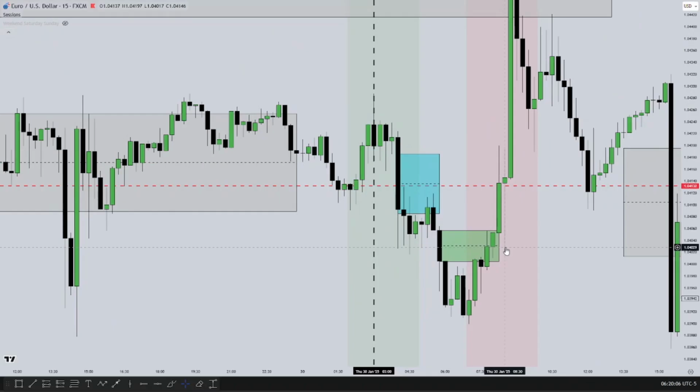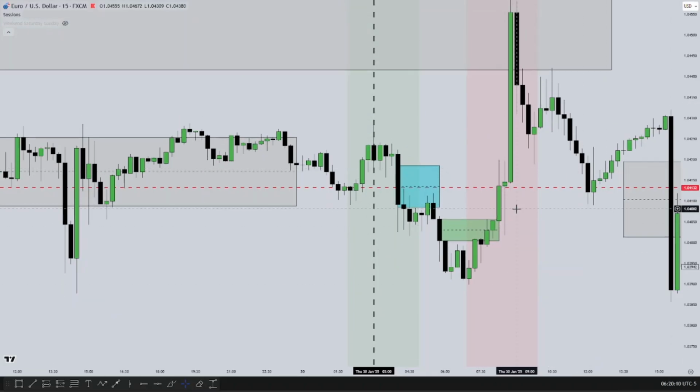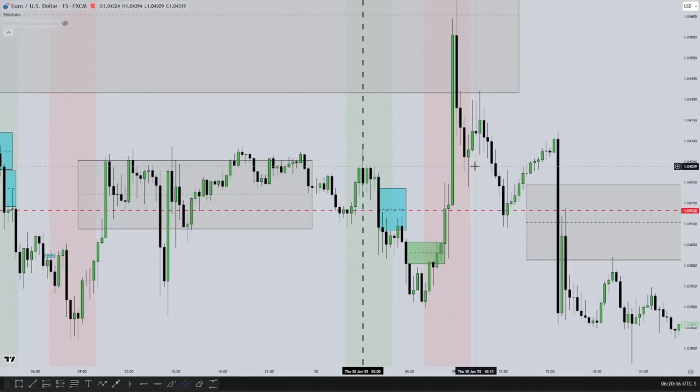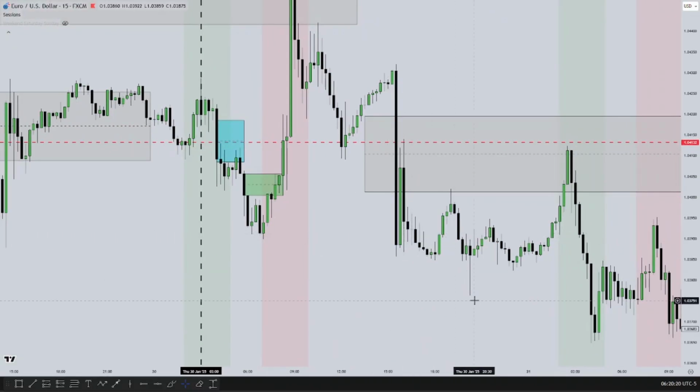So 8:30 high impact news led to higher prices. There was no shift in market structure leading to lower prices. Price traded higher to this fair value gap, respected the fair value gap, but I wasn't looking for an entry, so price traded lower. Now on Friday, that was actually where I caught most of the trade.